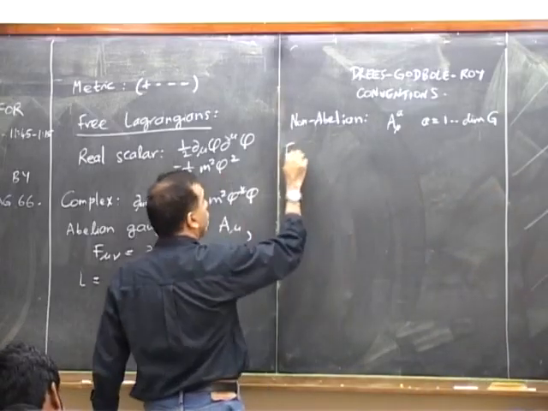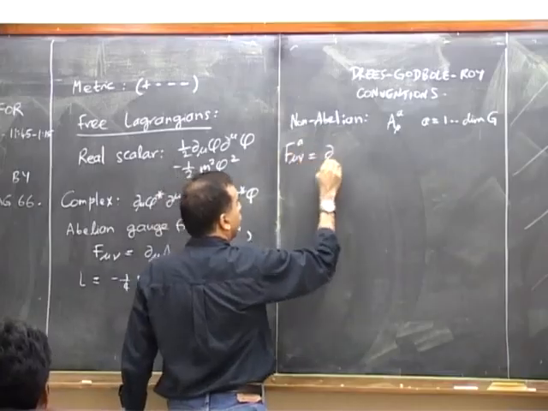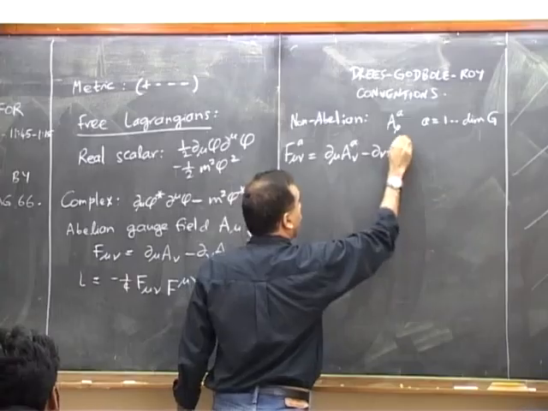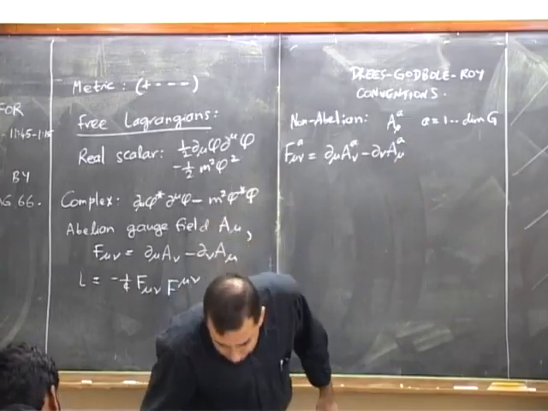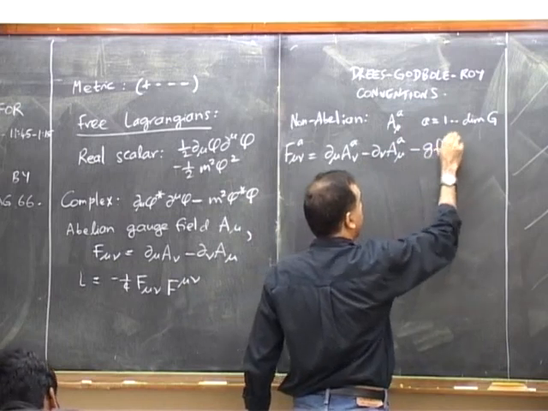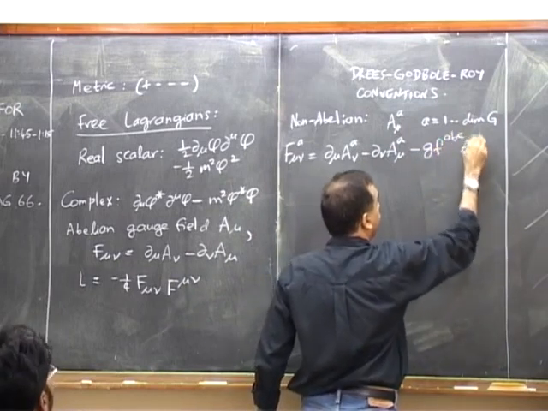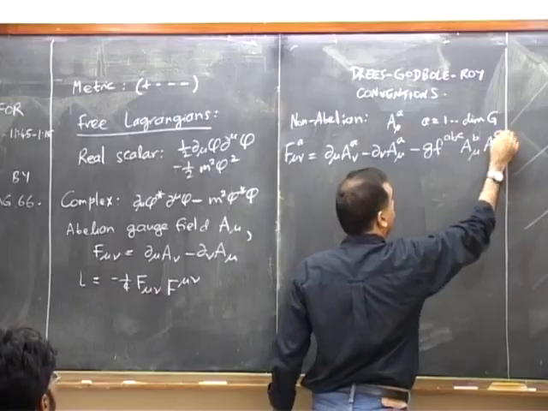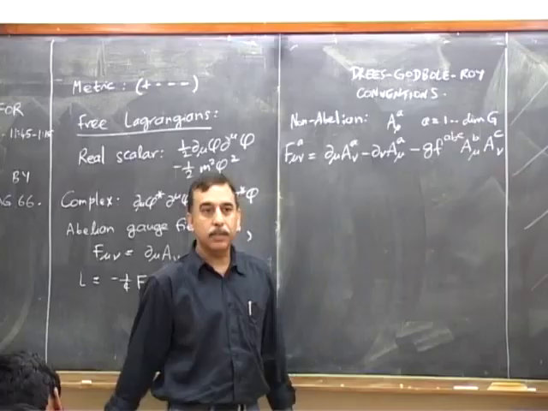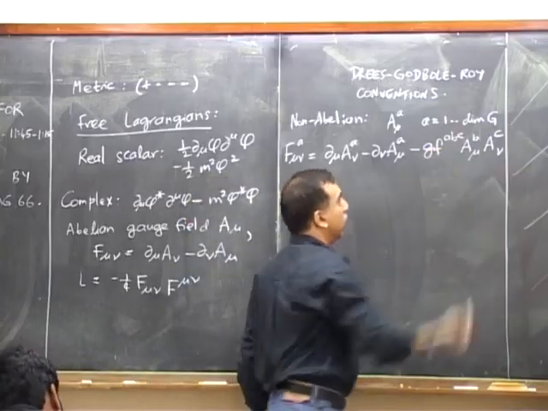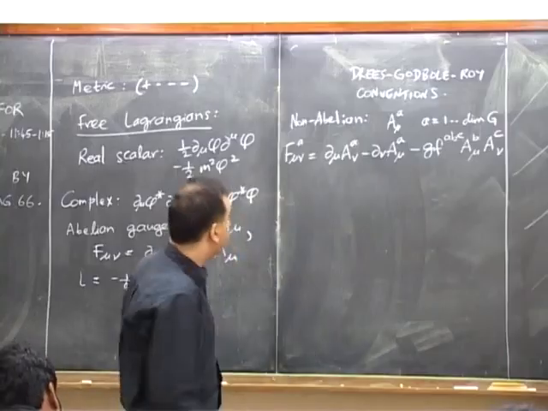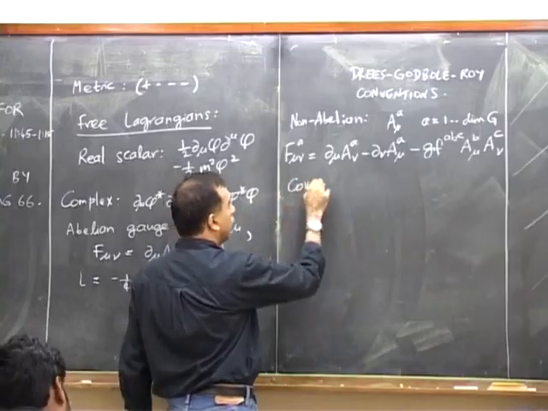Then we'll define F mu nu a to be this plus an extra term which in my conventions is minus g f a b c A mu b A nu c. Here there is an obvious choice of sign, minus or plus, and it's completely trivial. It's just a convention because you can always change g to minus g. However, this sign is coupled with the sign of the covariant derivative.